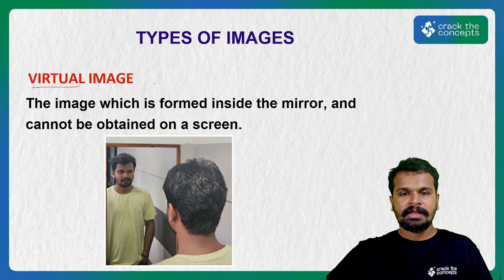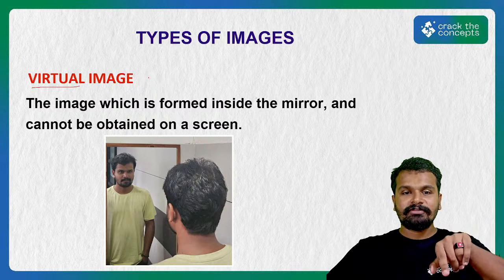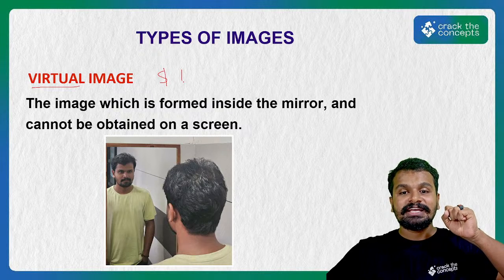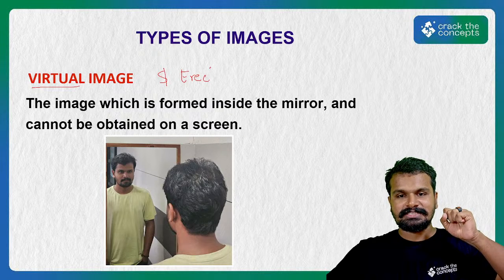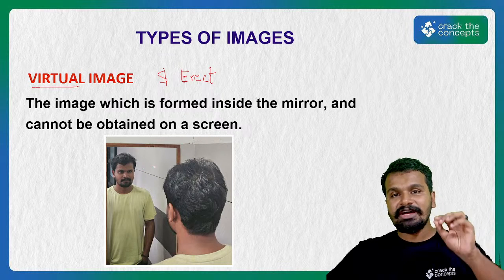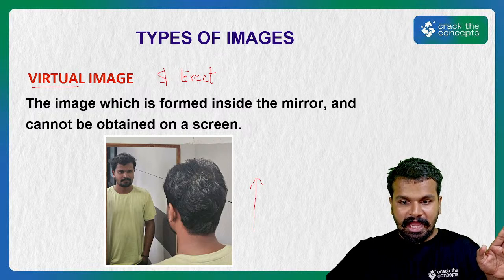And there was a combo offer, am I right? Real and inverted. Similarly, here it will be virtual and erect. What is erect? Erect means the image is never upside down. See, I am standing like this, my hands are here, my legs are here.